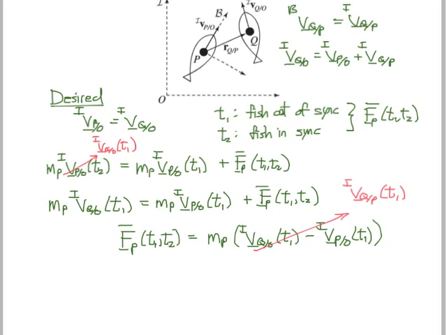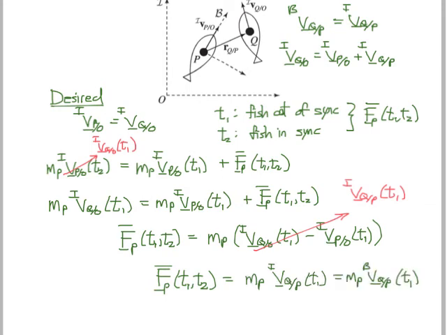And so then we've solved for the impulse that fish P needs to apply, and that's simply equal to the mass of fish P multiplied times the velocity of Q with respect to P at time 1 as observed in the inertial reference frame. And remember that the inertial reference frame in this case is actually the same as the B frame, because the B frame, which is the path frame attached to fish P, is an inertial reference frame in between tail beats.